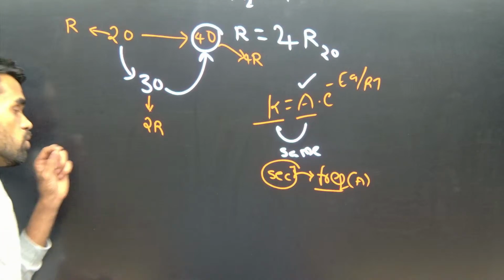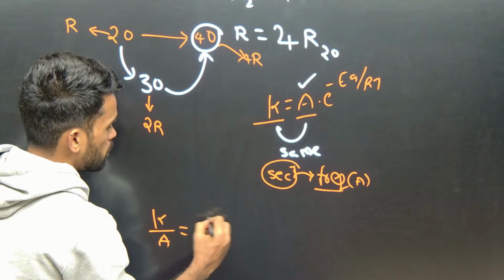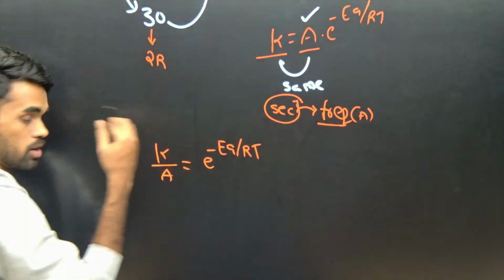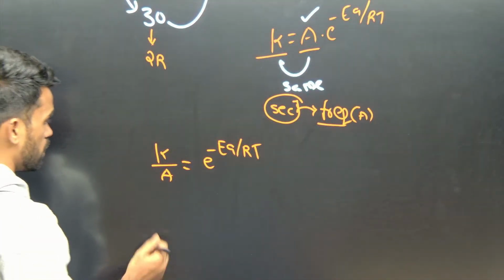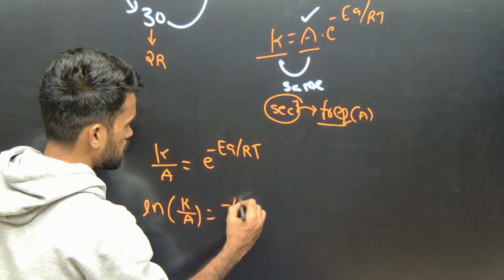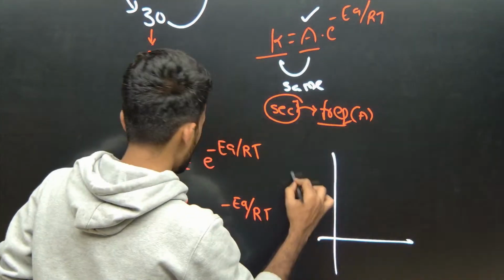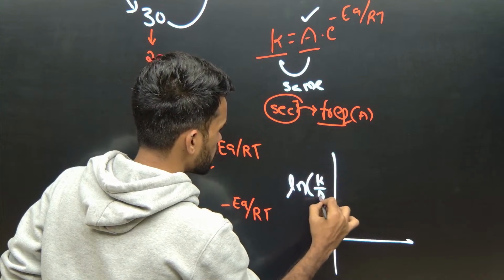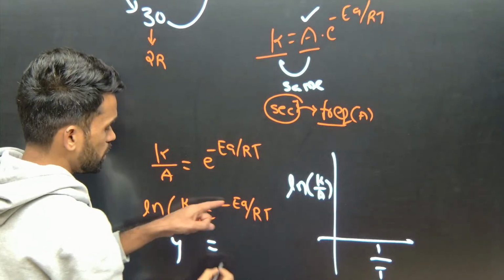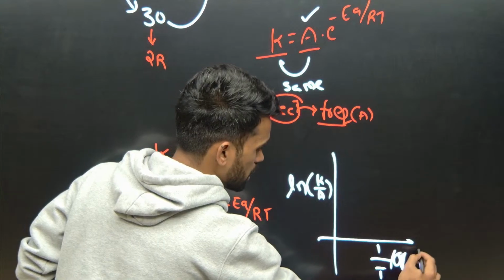Now how can we write this? K by A is equal to e to the power minus Ea by RT. There are some graphs related to this equation, like ln K by A is equal to minus Ea by RT. Based on this you can expect a graph like this, ln of K by A versus 1 by T, with a negative slope, or they may give it as temperature.